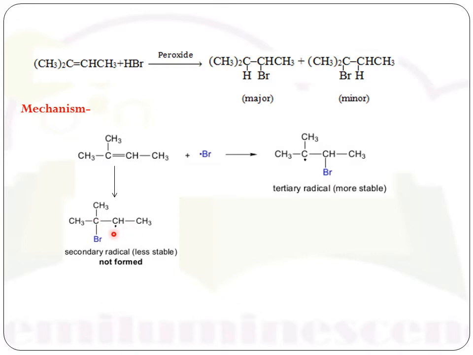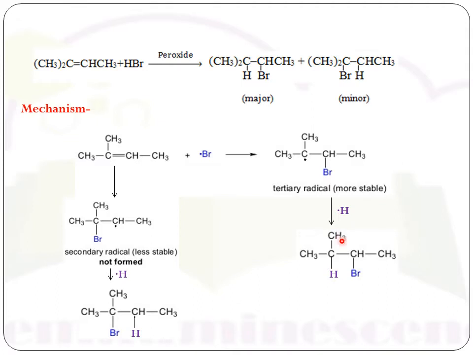And if we think about the stability order of the radicals, the tertiary radical is more stable as compared to the secondary radical. Hence, this radical is not formed, only this radical is formed, and the products obtained from these are this one. That is, this is the product obtained from the tertiary radical, and this one is the product obtained from a secondary radical. Hence, this product is obtained in a major quantity, and this product is obtained either in a minor quantity or it may not be formed.